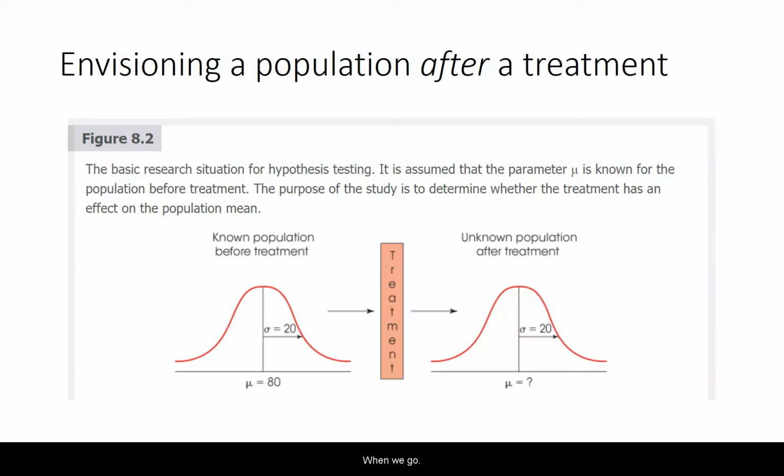When we go into this further, the assumption that we're going to make is that it didn't make any difference. We're going to assume that the treatment that we underwent did not have any influence at all on the population mean. And we're going to test the probability of obtaining means given that assumption that it didn't make any difference. Let me just preview that right there.